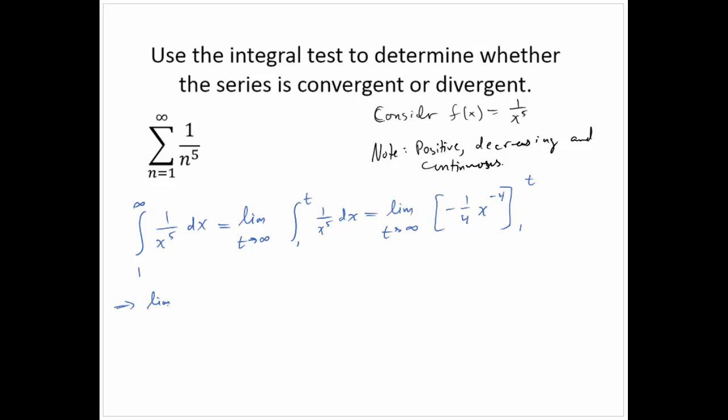So that would be the limit as t approaches infinity, and we'd have negative 1/4 t to the negative fourth minus negative 1/4 times 1 to the negative fourth.